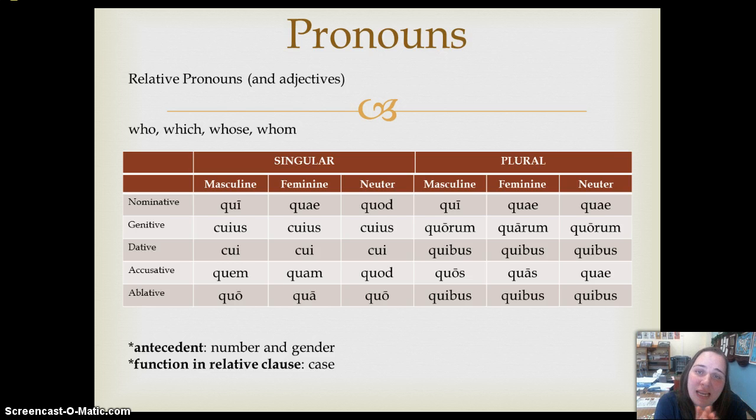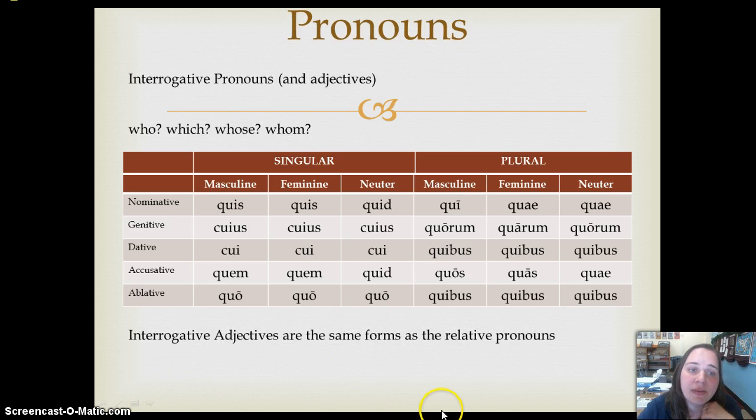So you need to understand the antecedent. Now remember that the antecedent is the word in the main sentence, in the main clause, that the relative clause is giving more information about, okay? So you need that antecedent to give you the gender and number of the relative pronoun.